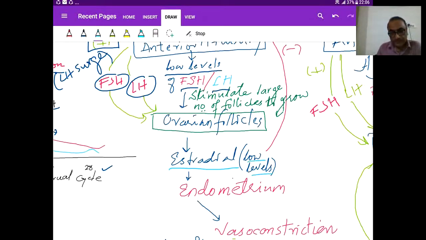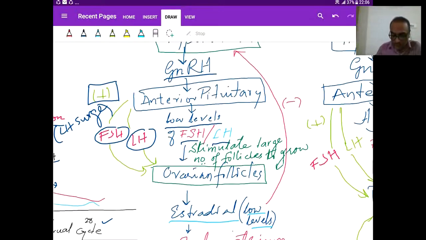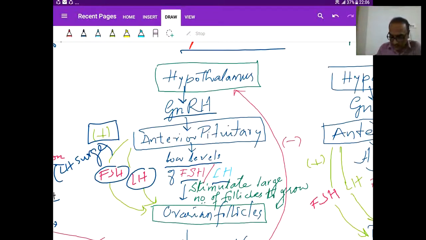Remember, estrogen is released but in smaller quantities, and these lower levels of estradiol or estrogen will have a negative feedback on the hypothalamus.